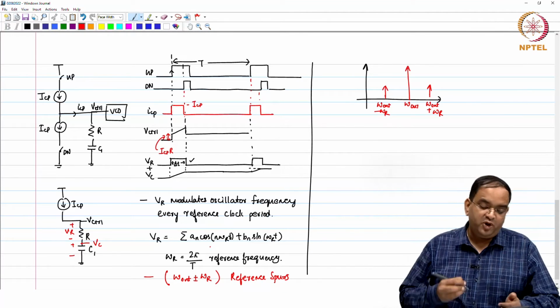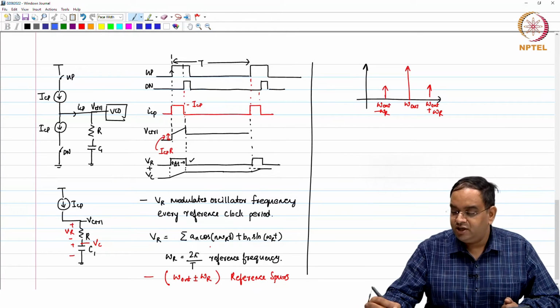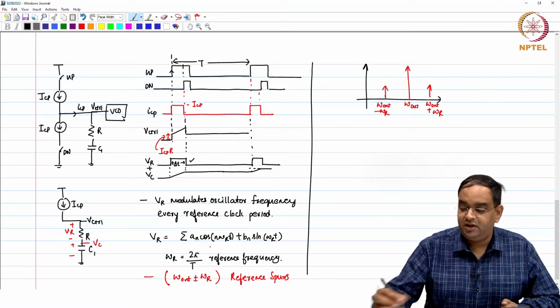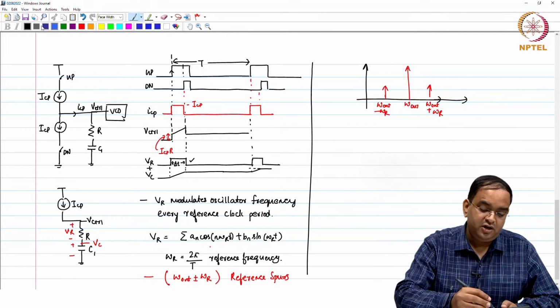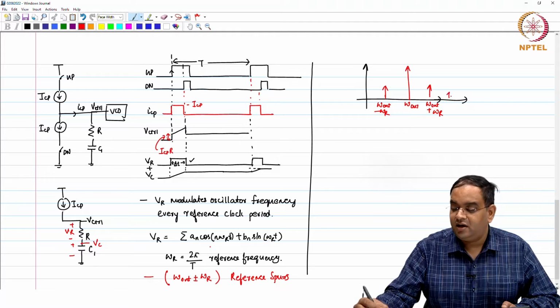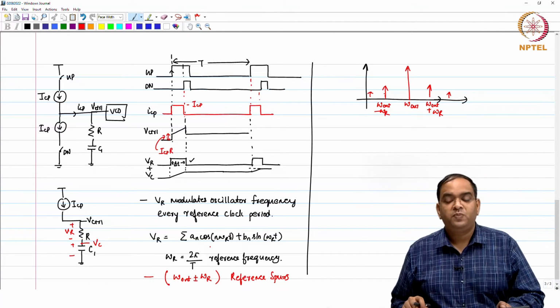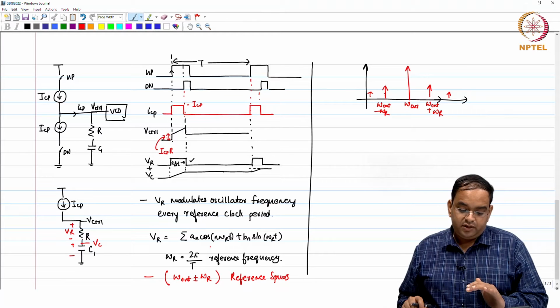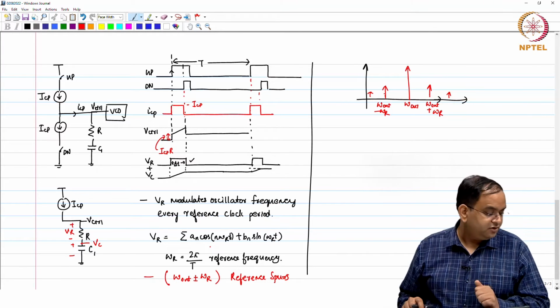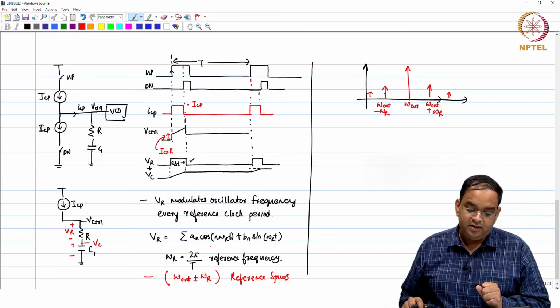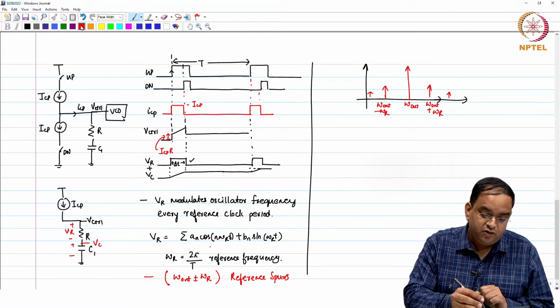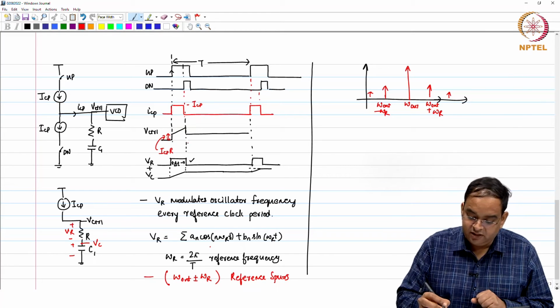It is not only that you are going to have omega out plus minus omega r, you will also see, depending on your output frequency, other higher harmonics also, plus minus 2 omega r and so on, right. So, now we realize that this is the problem, because of this control voltage variation, which we also term as control voltage ripple.